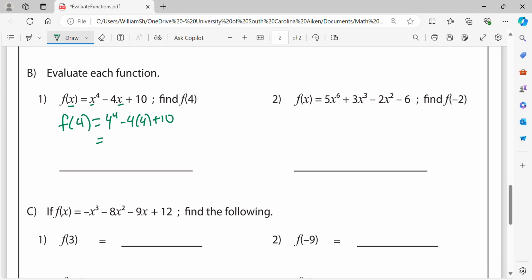That's 4 times 4 times 4 times 4. That should give us 256. Then negative 4 times 4 is negative 16, plus 10. 256 minus 16 gives us 240, plus 10 gives us 250.